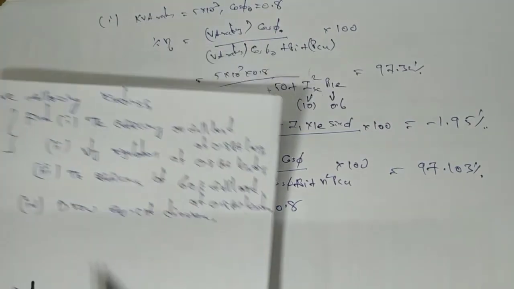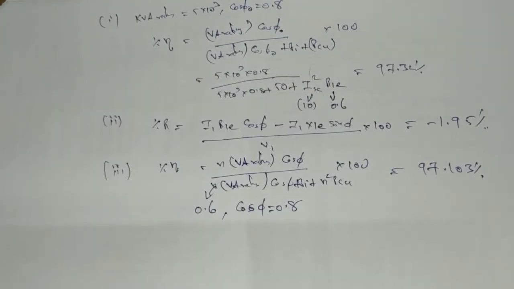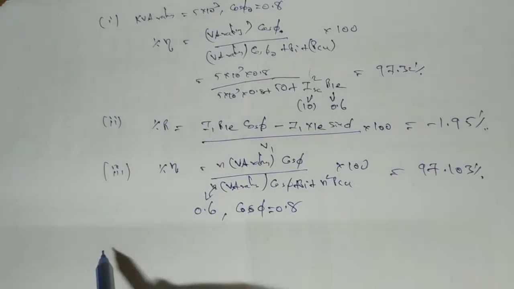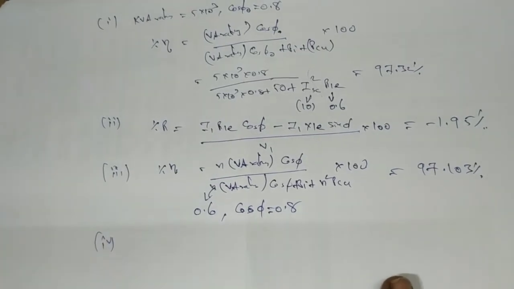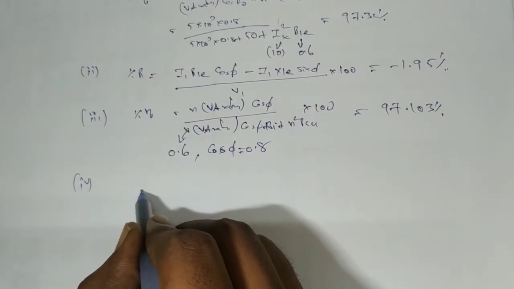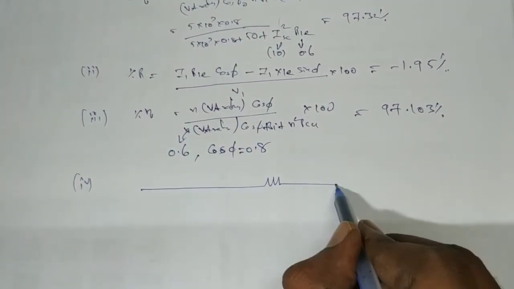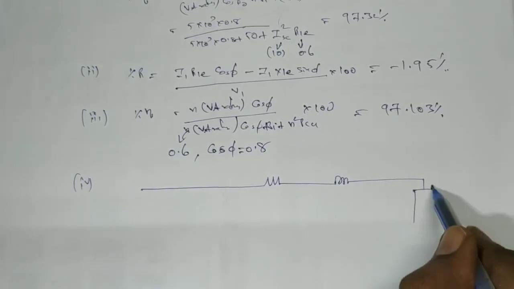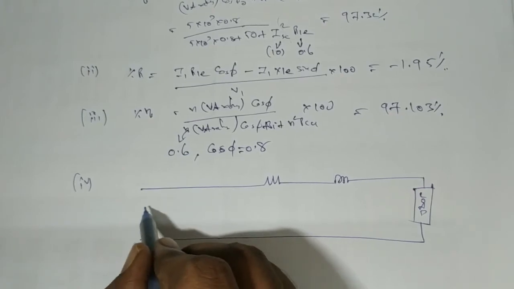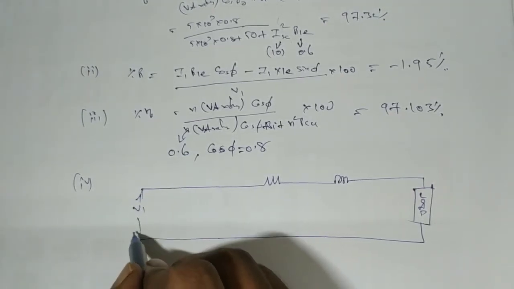And in the last one, we have to draw the equivalent circuit diagram, and for that we should draw the equivalent circuit diagram referred to primary, because all the values we know are R1E, X1E. If you draw the equivalent circuit referred to primary, it consists of R1E, X1E, I0, I1, V1, and represent all the known values.